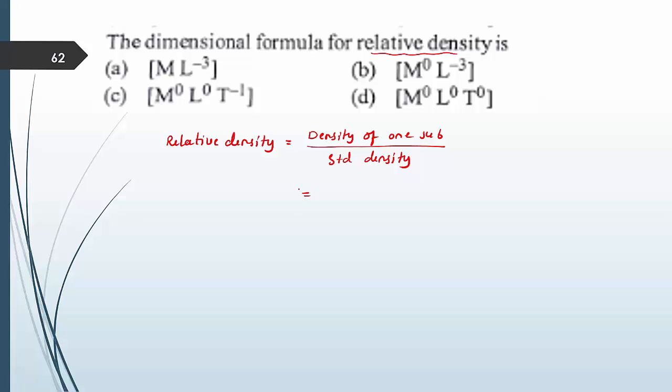Anyhow, density is denoted by the symbol rho. Rho divided by rho will get cancelled. So it will be dimensionless. Dimensionless, or you can write M raised to 0, L raised to 0, T raised to 0. So the relative density is not having any dimension. Option D is right.